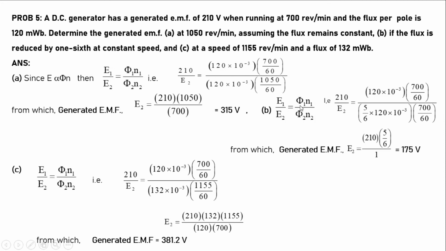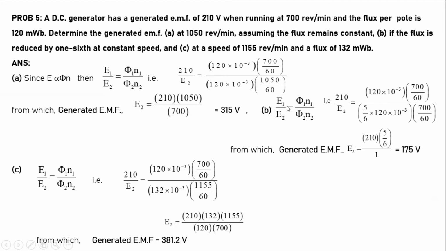You have to use the same formula, E1 by E2 is equal to phi1 N1 divided by phi2 N2. E1 will not change, 210 is the initial voltage, with initial flux 120 into 10 raised to minus 3.